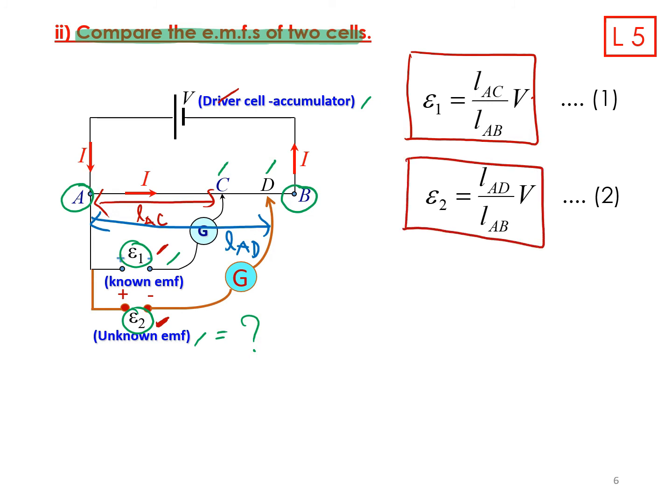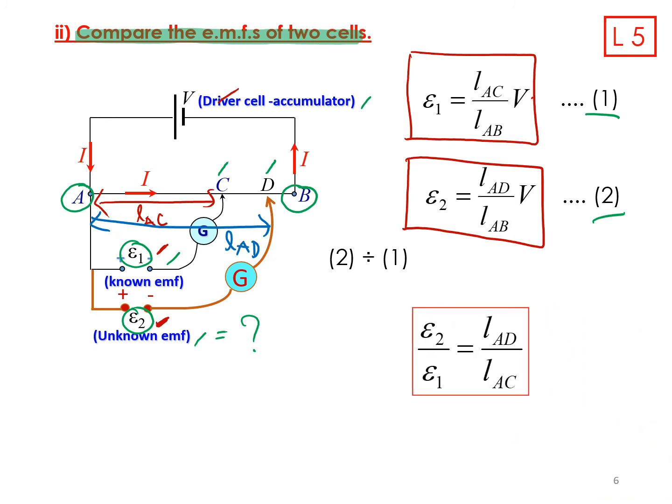So you already have two equations, equation 1 and equation 2. After that, you can do the ratio between equation 2 and equation 1.